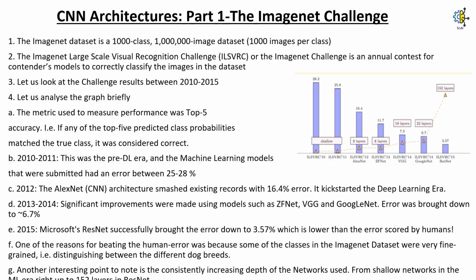Error was brought down to 6.7%. In 2015, Microsoft's ResNet successfully brought the error down to 3.57%, which is lower than the error scored by humans. One of the reasons for beating the human error was because some of the classes in the ImageNet dataset were very fine grained, that is, distinguishing between the different dog breeds.